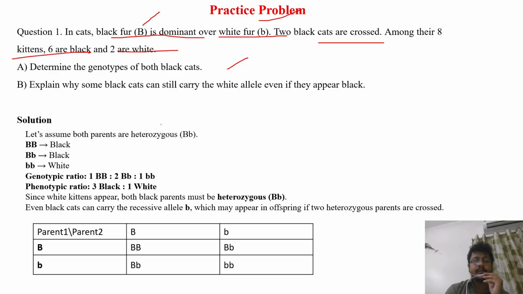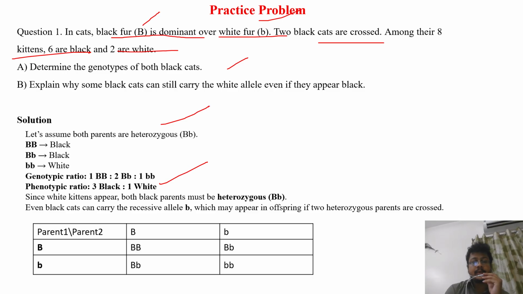Let us assume both parents were heterozygous first. Both parents may be homozygous or heterozygous. Suppose both parents are heterozygous dominant, then we'll get the genotypic ratio 1:2:1 and phenotypic ratio 3:1.